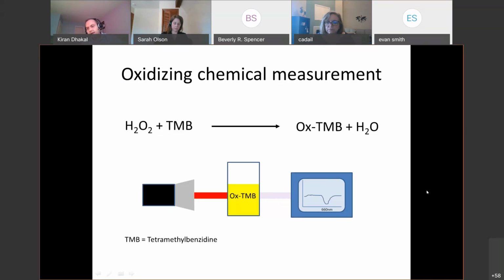And by passing light through that urine solution, which will absorb a wavelength of certain frequency, we can determine the concentration of oxidant in the urine specimen.